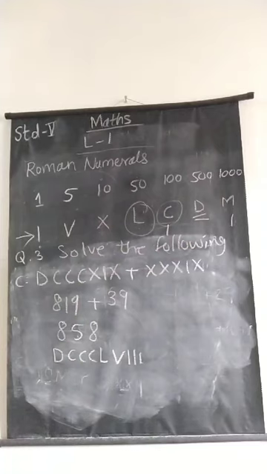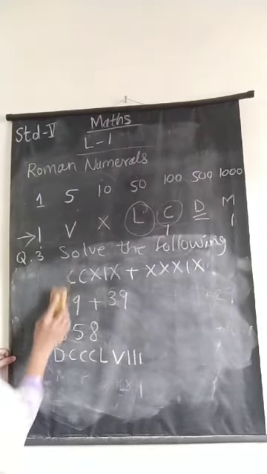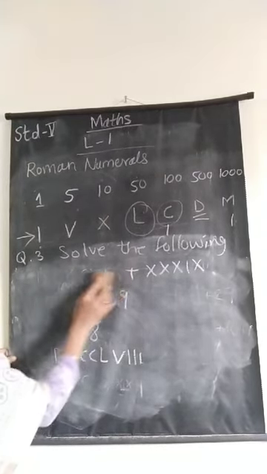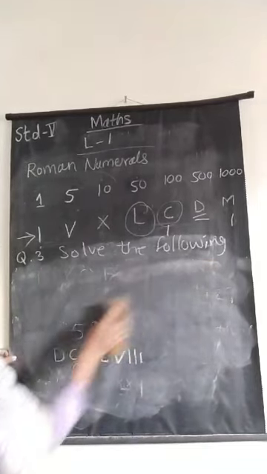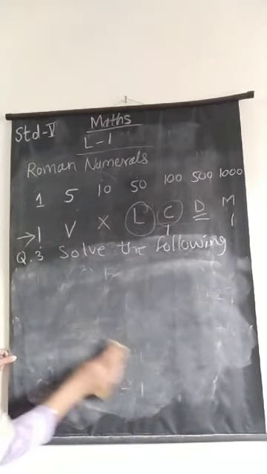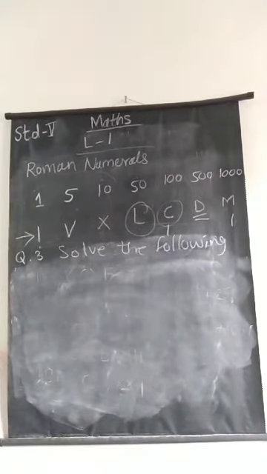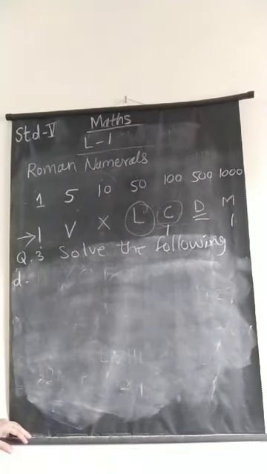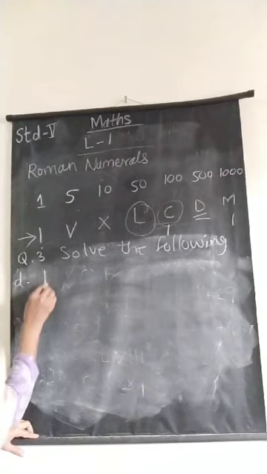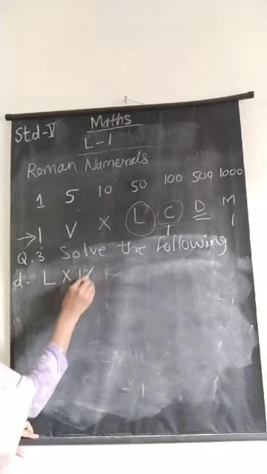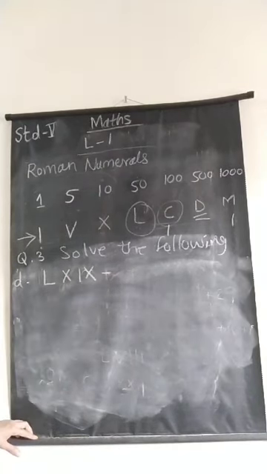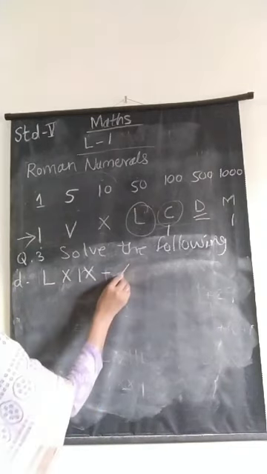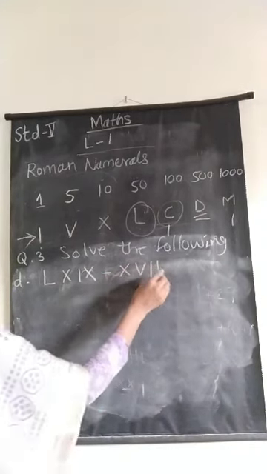Okay, students. Let's take the next example, which is based on subtraction. Till now we have done addition examples. Now we are going to solve the subtraction question. The next question is D. The question is LXIX minus XVII.